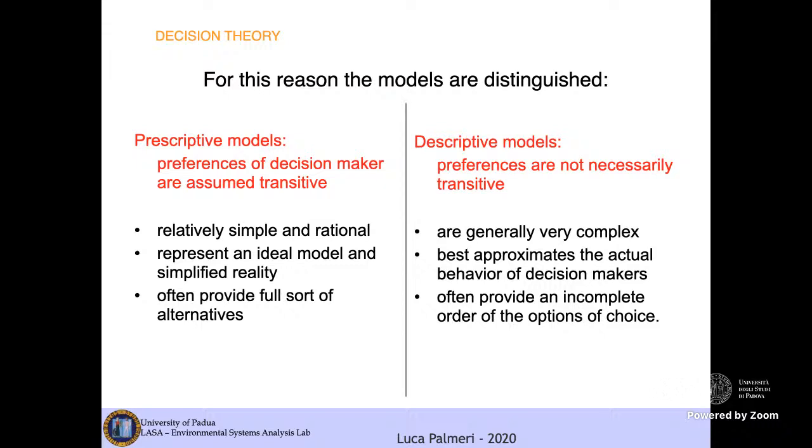In this case, these models are generally very complex, but you might resort to the best approximation of the actual behavior of a decision maker, and these kinds of models often provide an incomplete order of the options of choice. This means that sometimes they provide a ranking in which you may not be able to distinguish different alternatives.